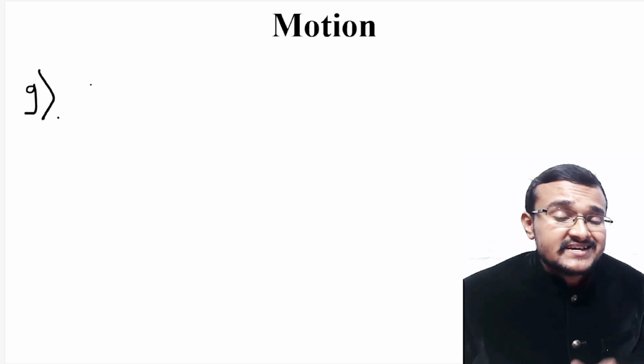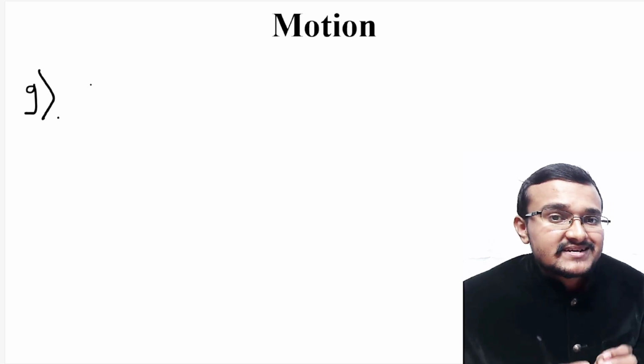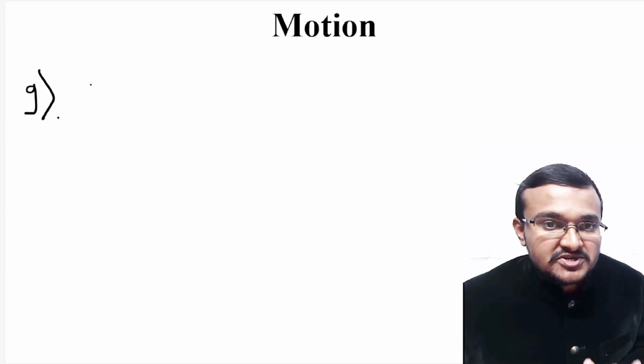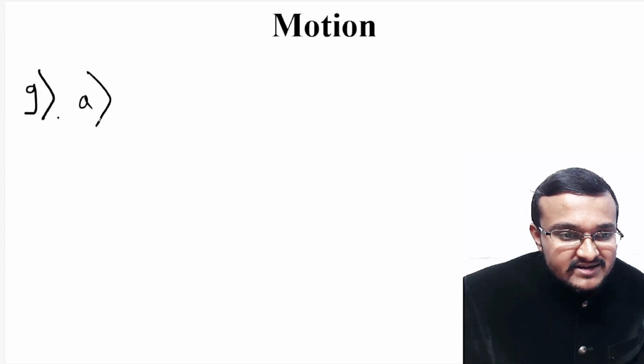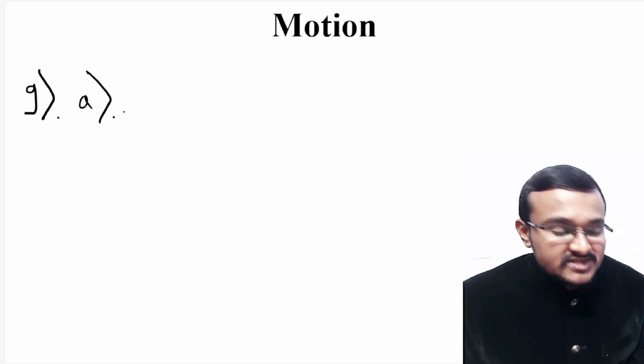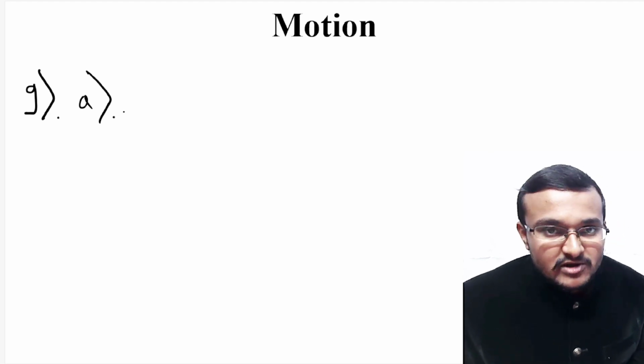Coming to the 9th question, here they have given 3 different statements. You should tell with an example whether that particular situation is possible or not possible. So coming to the first statement, they have given an object with a constant acceleration but with zero velocity.